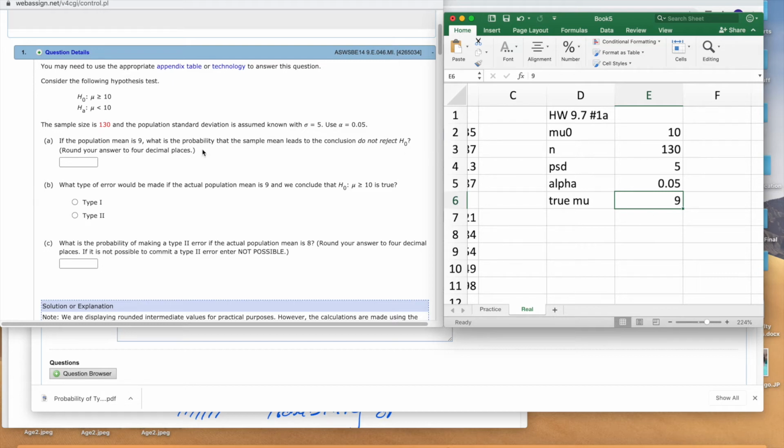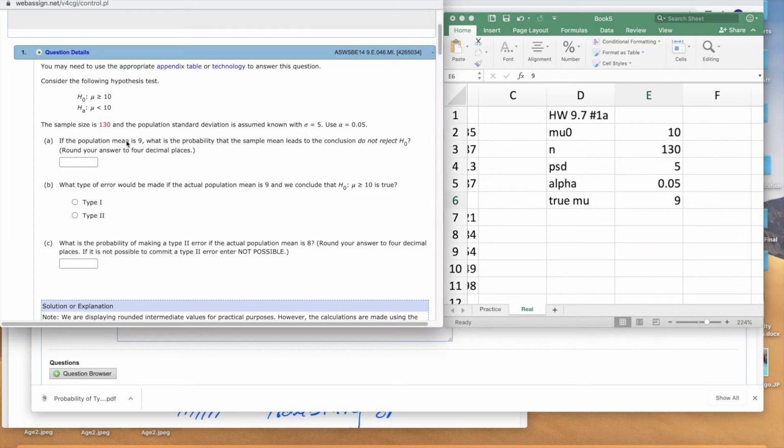Because we're going to figure out, if the population mean is 9, what is the probability that the sample mean leads to the conclusion, do not reject H0? So let's think about what that question is really answering. If the truth is that the mean is 9, then the alternative hypothesis is true, right?